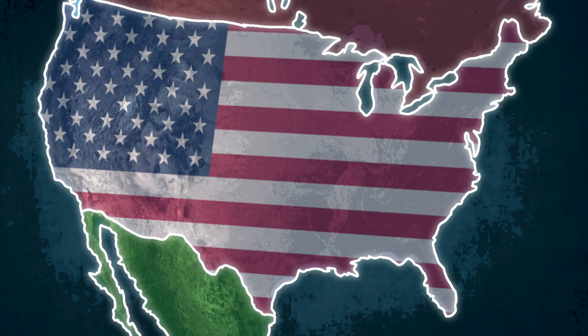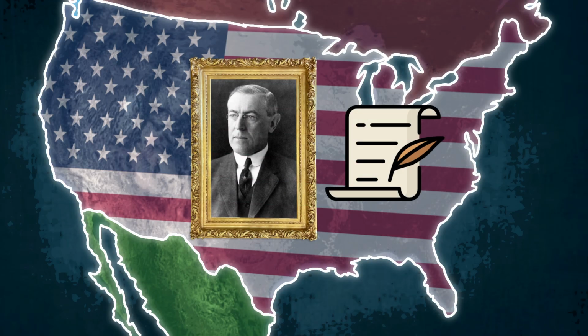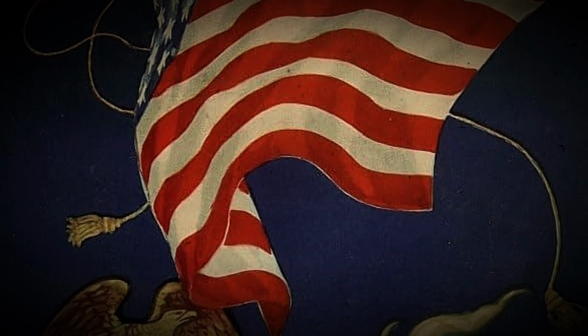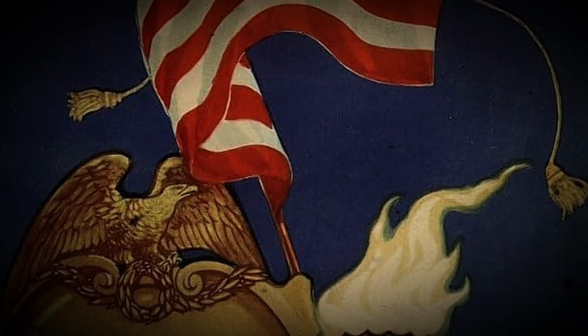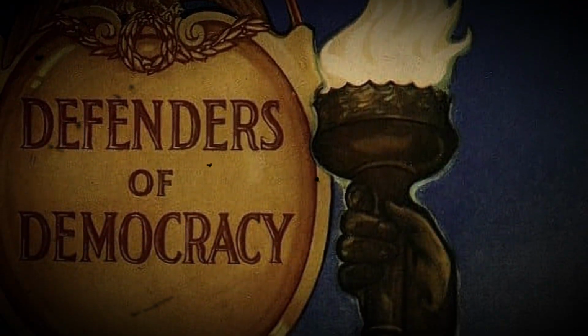On April 2, 1917, President Wilson addressed Congress, calling for a declaration of war against Germany. In his speech, he famously stated that the world must be made safe for democracy. Wilson framed the conflict as a moral struggle against autocracy and militarism, positioning the US as a defender of democratic values.